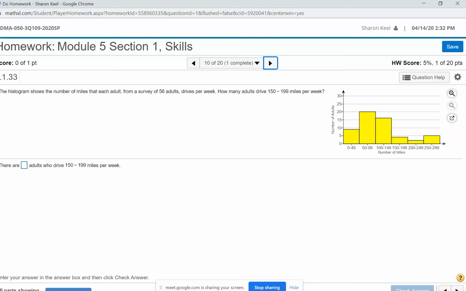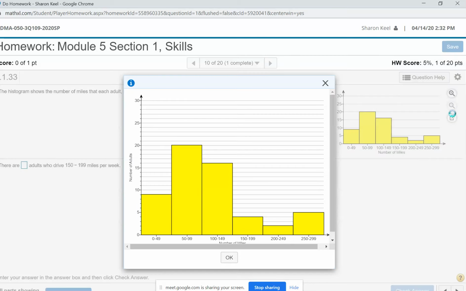There are three places here. You've got the zoom in, the zoom out, and in the middle, I like the bottom one called pop out. If you choose that one, it makes it large enough that you can read. So now when I'm reading here, if I had a piece of paper, I could line it up, slide it over, and I could see that my answer here is going to be 4. It's one tick mark beneath the 5.